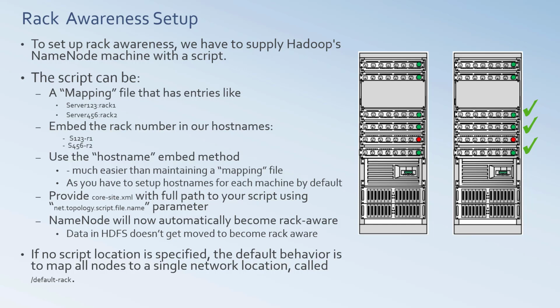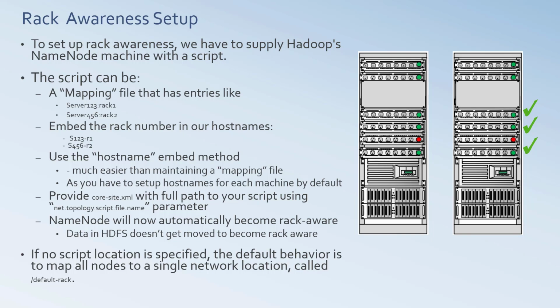HDFS does not go back in, however, and proactively take any blocks that are stored in the system already and make those rack aware. If you wanted to, for example, take any data that existed in HDFS before you provided rack awareness, you would need to go in and delete and then re-add those files after you have created this rack awareness script.